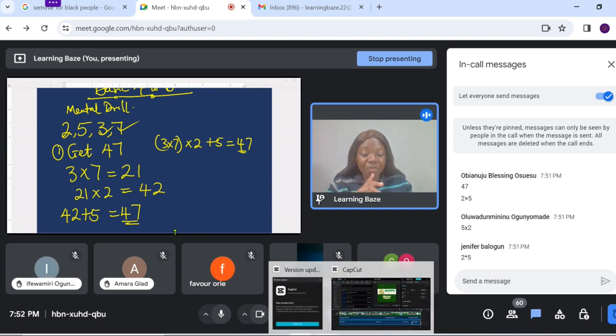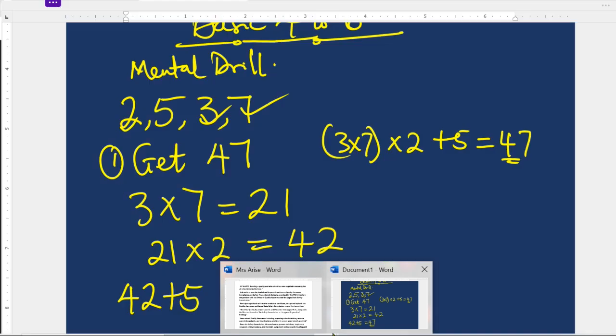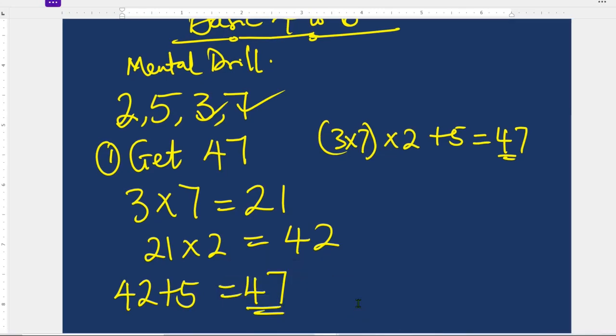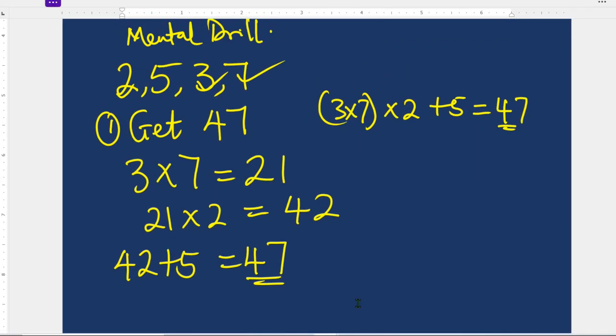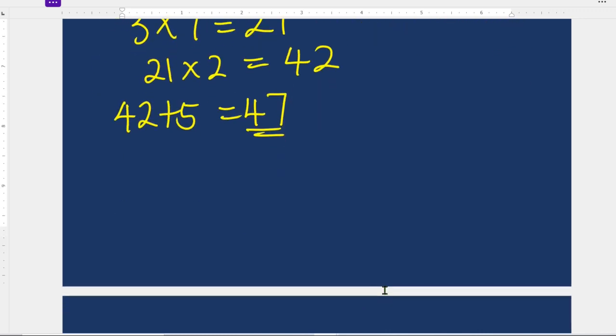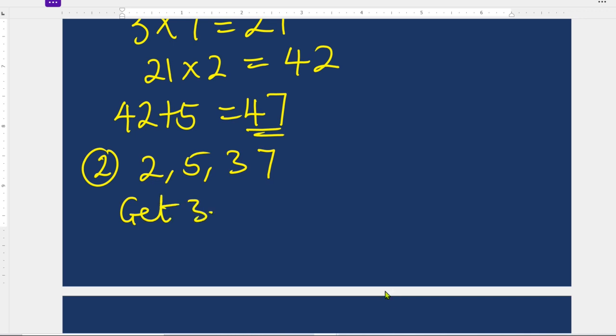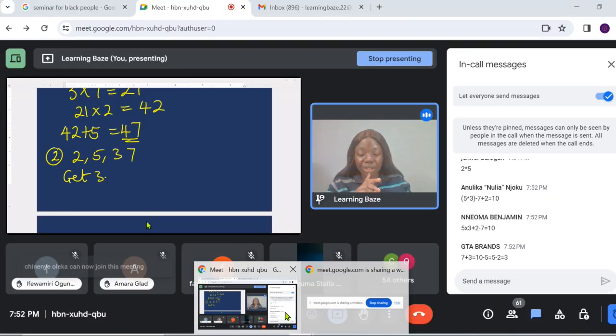Get 3. Let me see the first person to get it. You have to explain how you got that in the comment section. 2537. Get 3. Make sure you explain how you got it in the comment section.